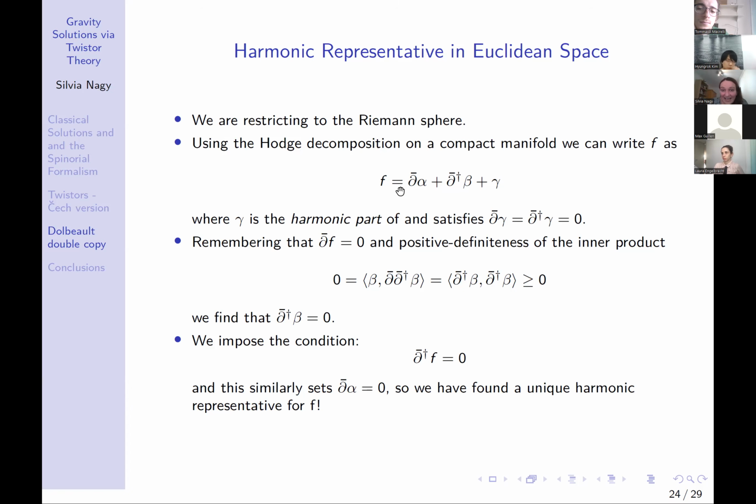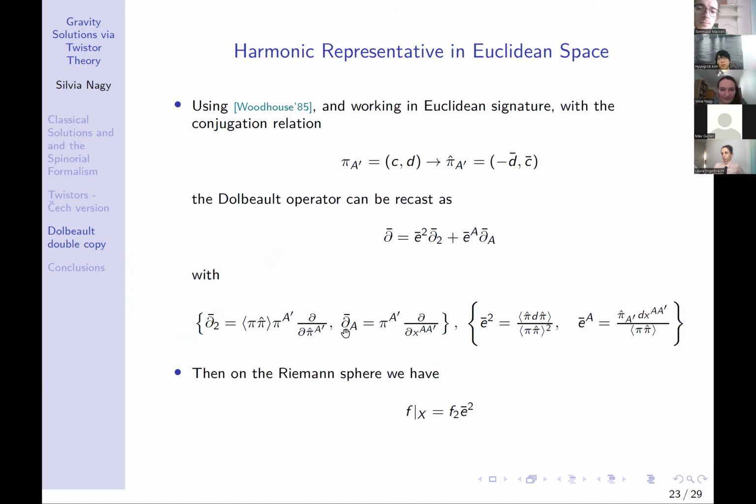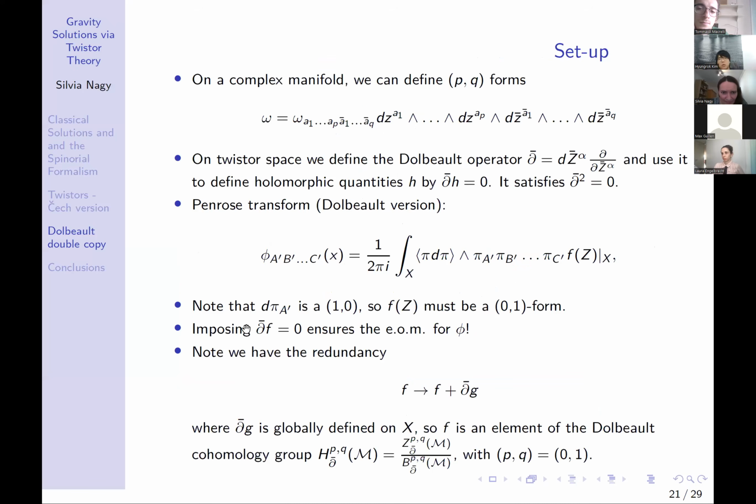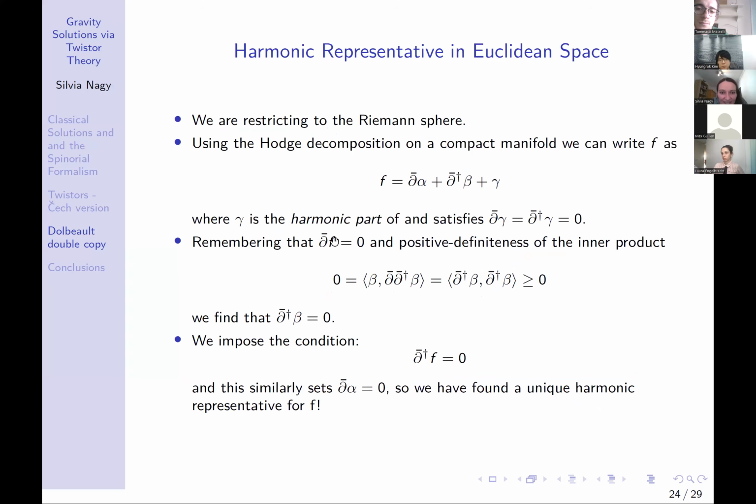It has these three terms, and this is a unique decomposition, which is an important point. And remember that I said that I want F to be closed. This was one of the first things that I said, which ensures the equations of motion. So because F is closed, I can imagine hitting this whole equation with partial bar, and it gives me 0.